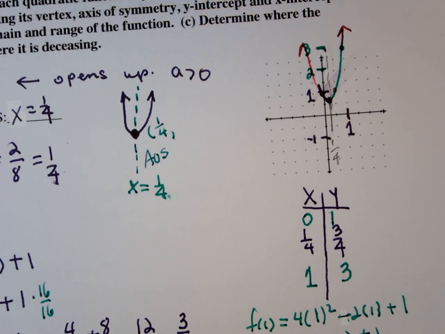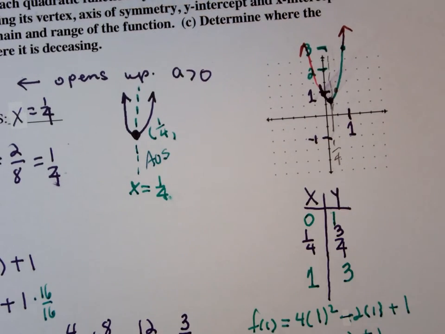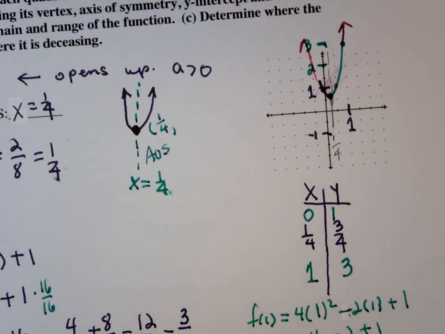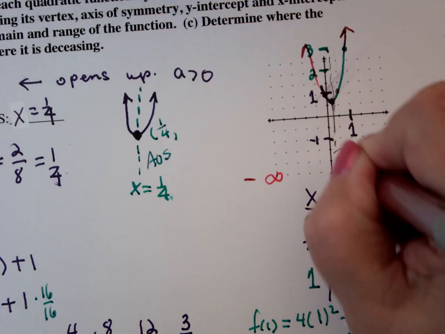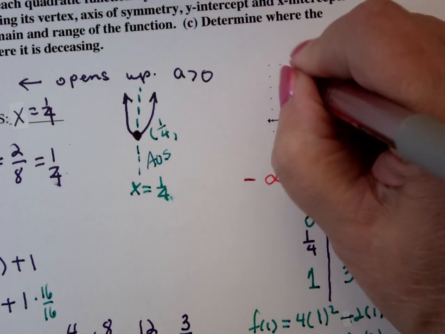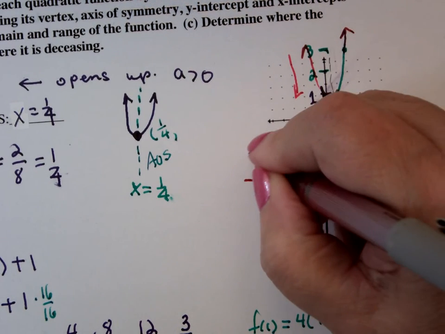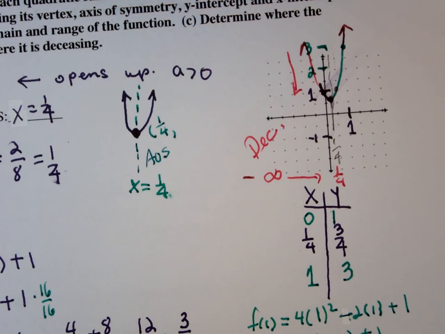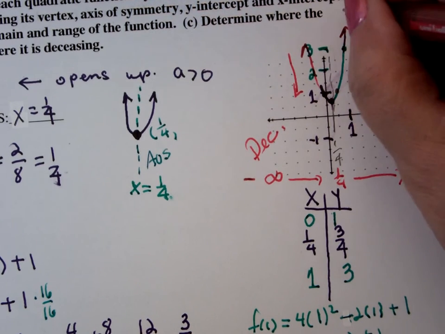So now we want increasing and decreasing, and we're going to go from, let's see, I'll use the red one, minus infinity to 1/4, because that's the x-coordinate of the vertex. I notice that the graph is going down, so this is decreasing. And then from 1/4 to infinity, the graph is going up, or y is going up.